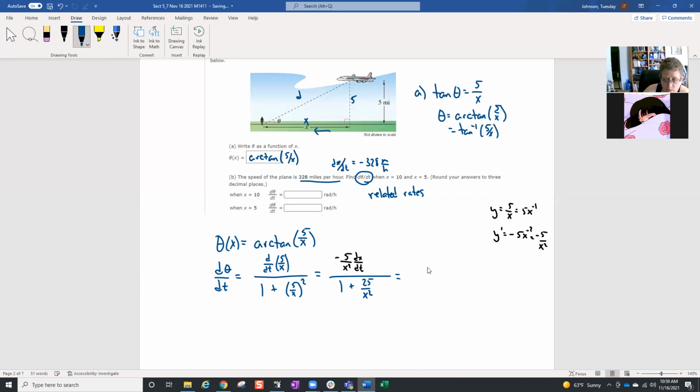Oh, man, this is horrible. Okay. Negative 5 over, let's do this the right way. Let's put in 10. Negative 5 over 10 squared times negative 328, all divided by 1 plus 25 over 10 squared.